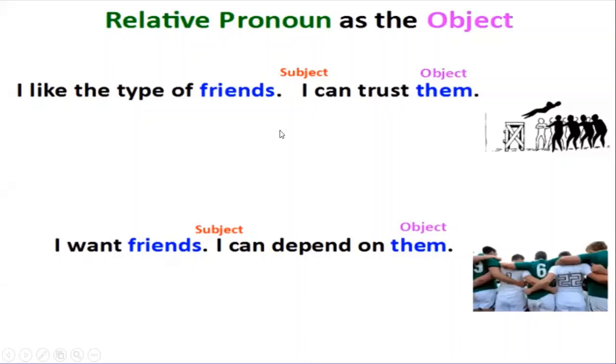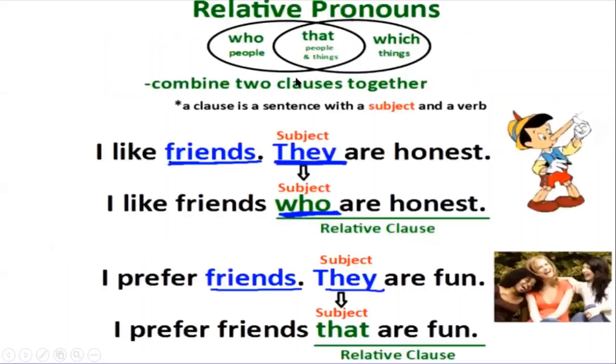Now, different from the previous sentence, here I have a subject and also an object. Remember that the object is the person or the thing or the people or the things that receive the action performed by the subject, right? Don't forget this.